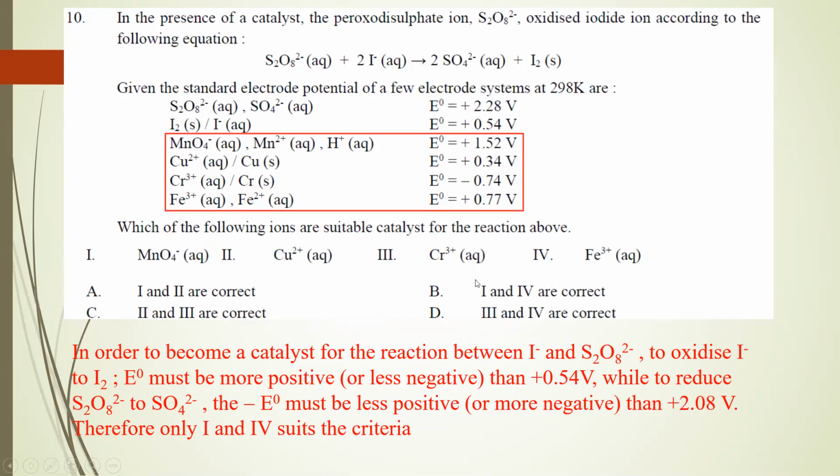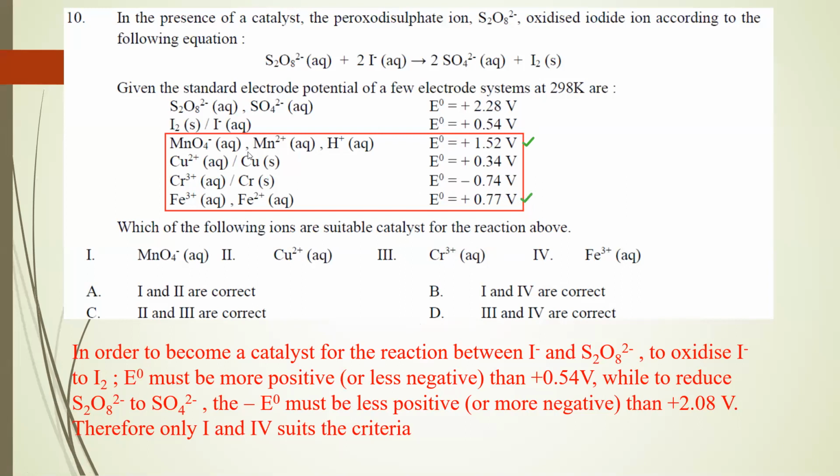So we are looking for an E naught value more positive than 0.54 for I-. So inside here, the one that works well is manganese, and also iron.